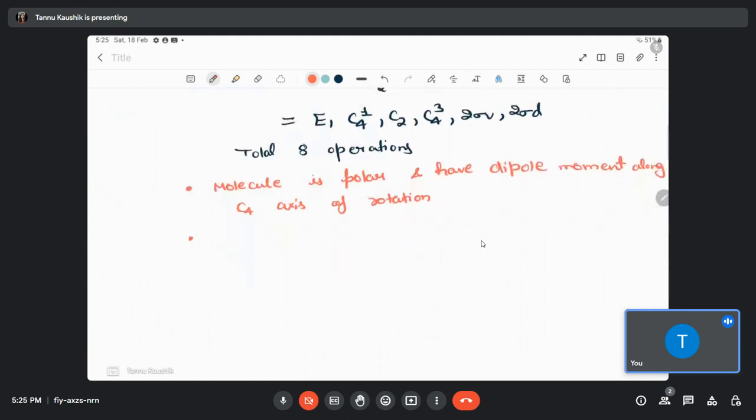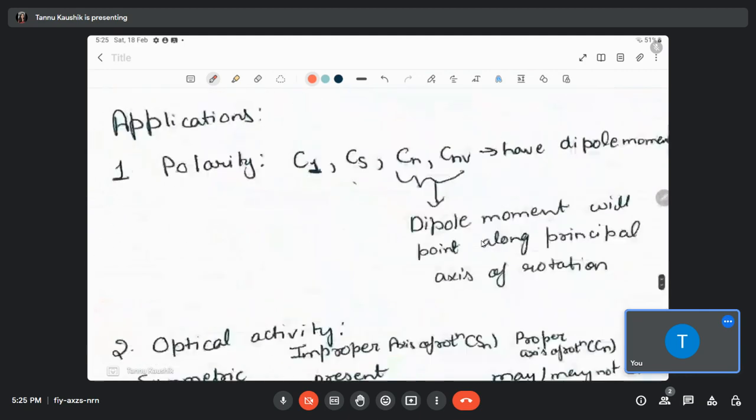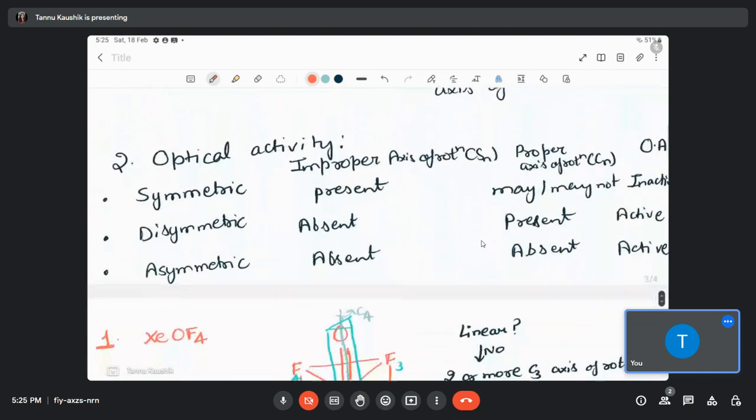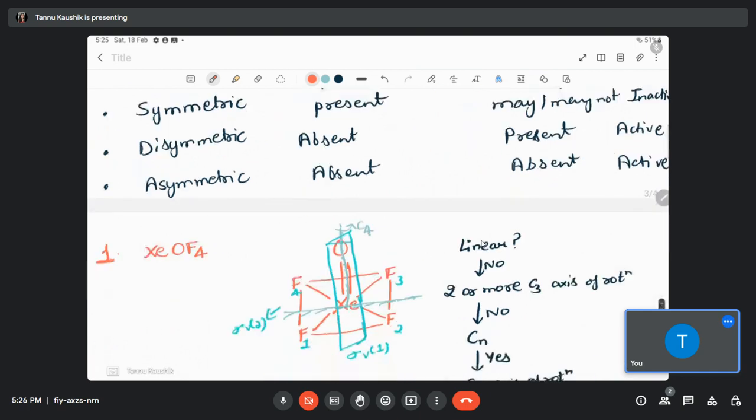And is this molecule optically active or not? We don't have an improper axis of rotation present in this molecule, but we do have a proper axis of rotation present in this molecule.